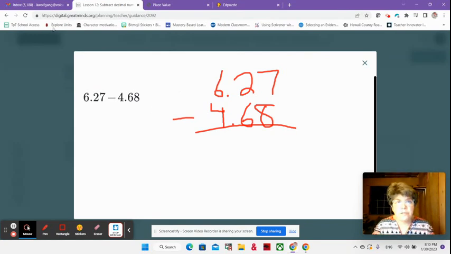All right, so the first thing we need to check is that we have our numbers vertically aligned. Aligned means they're in line, okay? So we want to make sure that we have our ones place on top of the ones place, our tenths place on top of the tenths place, and our hundredths place on top of the hundredths place, right? Let's say, for instance, what if there was no 7 here? Would I move my 2 over?